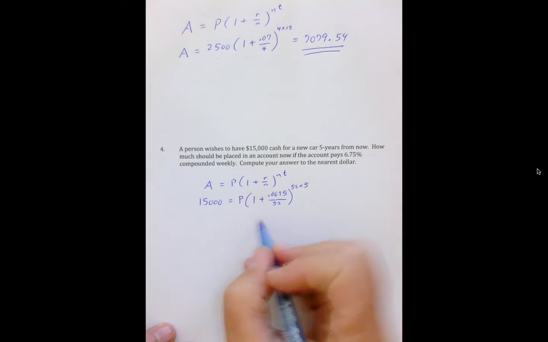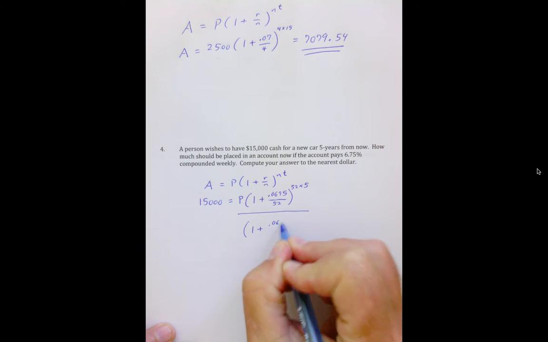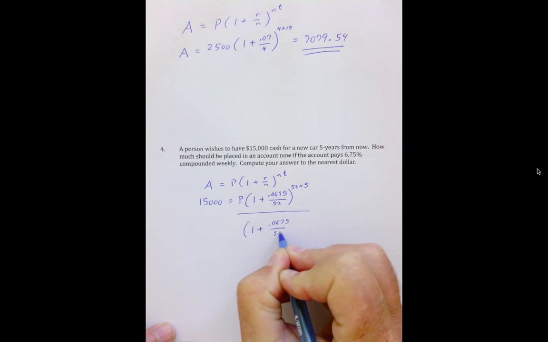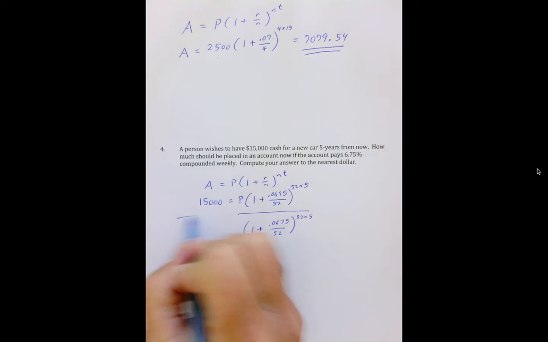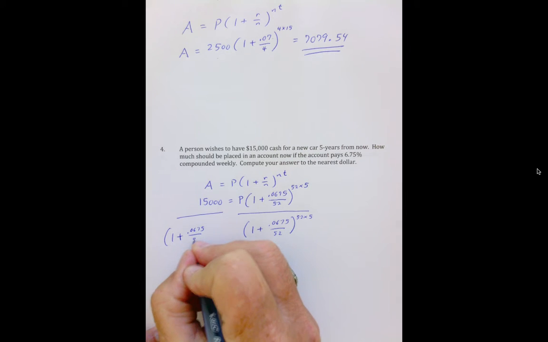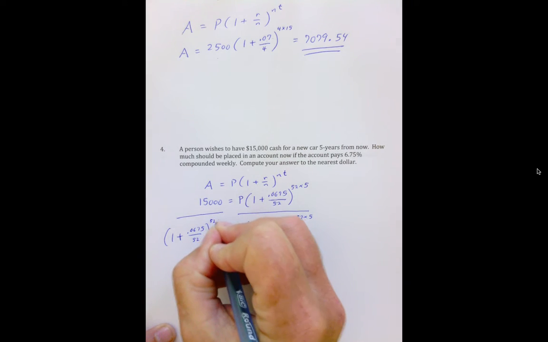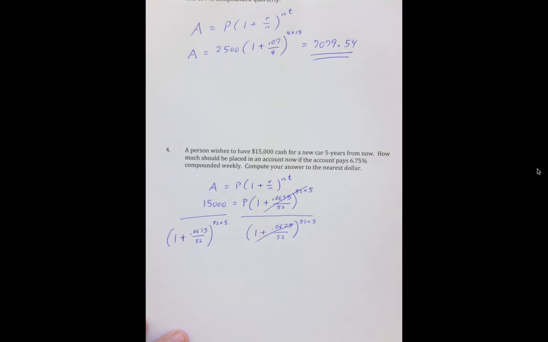I know, though, that I need to divide this side over here and this side over here by everything on the right side. So if I can take 15,000 divided by all this stuff and get that in my calculator, then I have the initial investment.